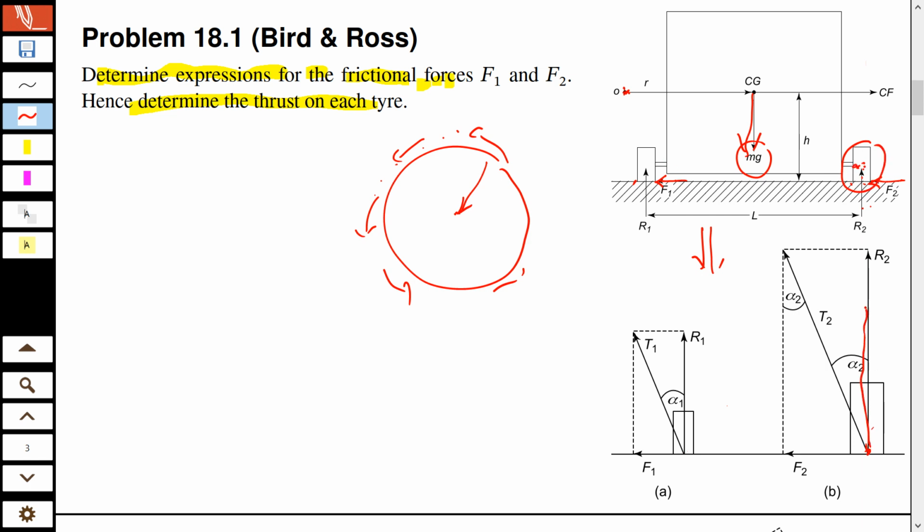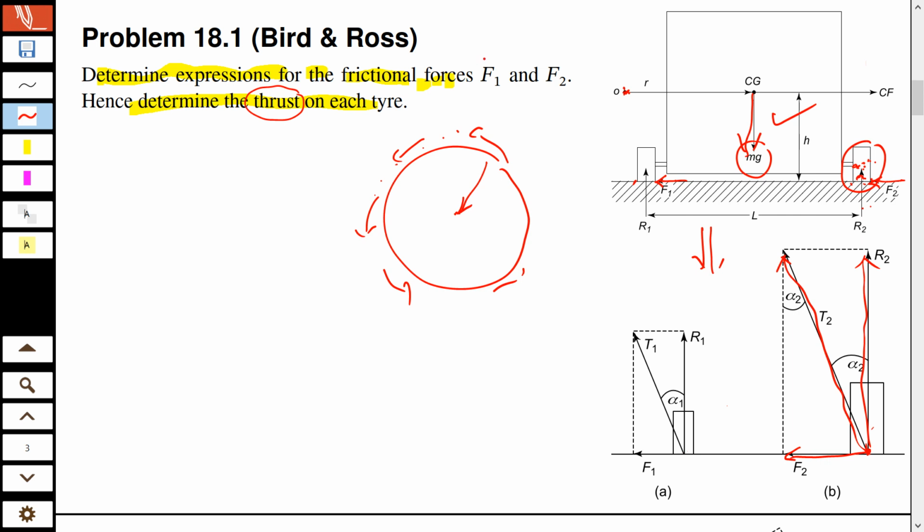So the upward force, the reaction to basically your weight, and the friction force, the resultant of these two will be the net force applied on each tire, and that is what you mean by the thrust. Okay, इस क्वेश्चन में जो determine the thrust है उसका मतलब ये है, ठीक है.